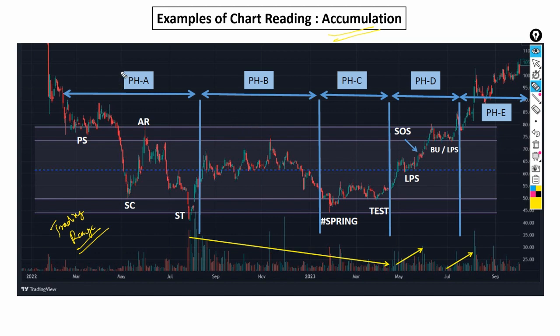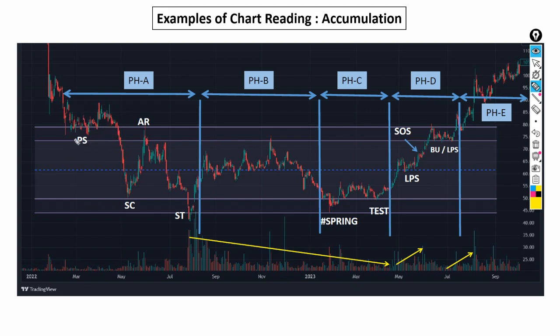We see there are multiple phases: phase A, phase B, phase C, phase D and E. So a total of 5 phases, and each of these phases has some intention. There is intention behind each phase, and action associated with that particular intention.